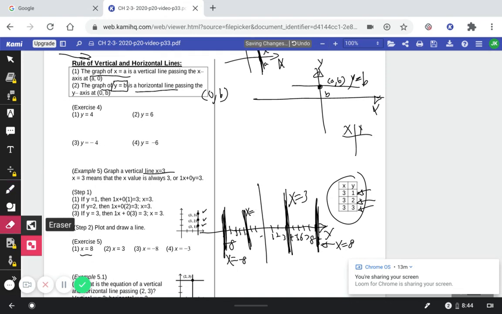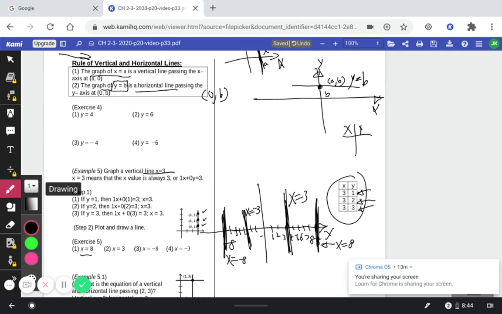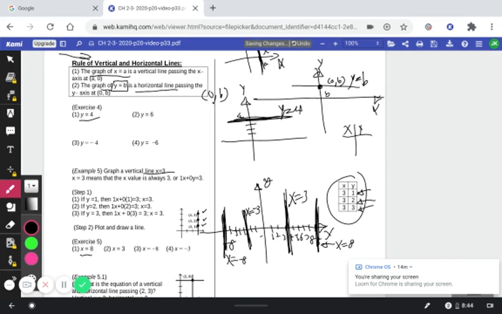Now, contrary to that, how about y equals some number? So y equals 4 means in here, y is 1, 2, 3, 4. We're always on a horizontal line. So this is y equals 4. How about y equals negative 4?